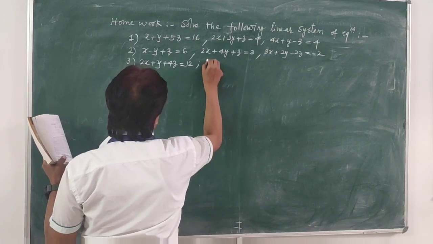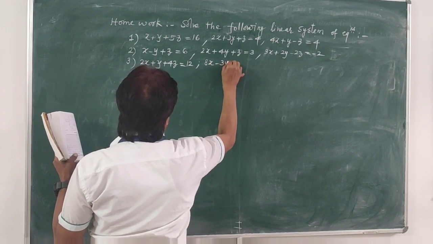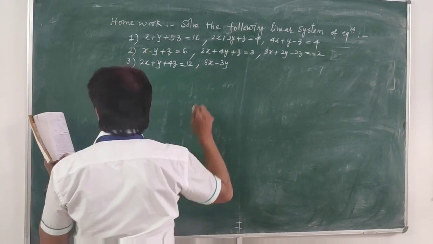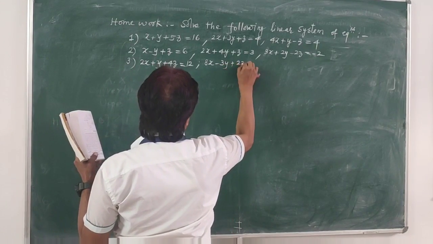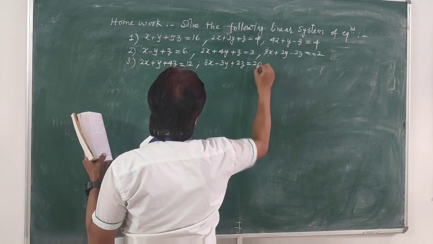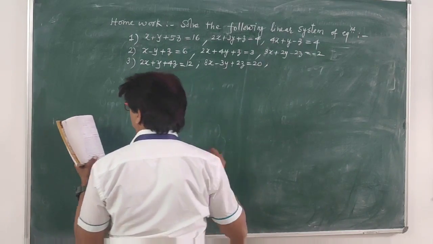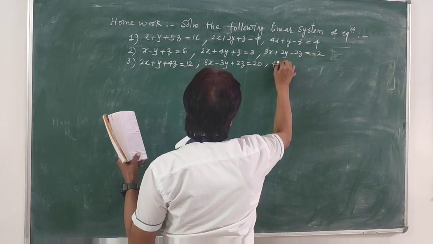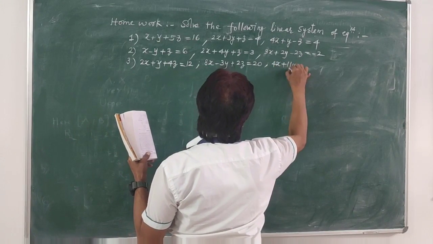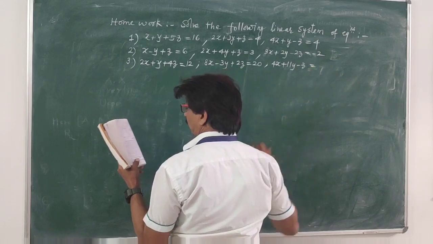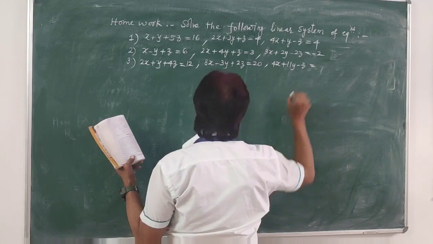8x minus 3y plus 2z is 20. And the third equation is 4x plus 11y minus z is 33.